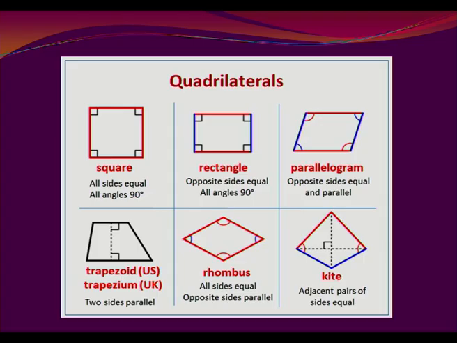Parallelogram, opposite sides are equal and parallel. This is a trapezium, which has 2 sides parallel, and rhombus, opposite sides are parallel and equal. This is a kite, where adjacent pairs of sides are equal. So, that is called a kite.